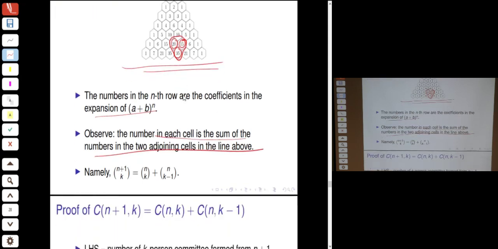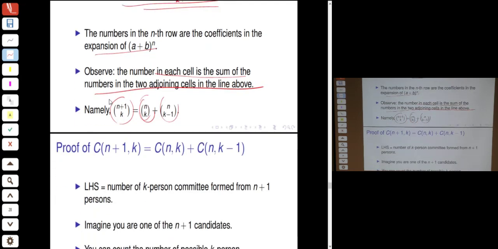If you think of this as the n plus 1th row, and this is k, if you enumerate these numbers properly, you will see that this number is going to be n plus 1 choose k, this number is going to be n choose k, and this number is going to be n choose k minus 1.